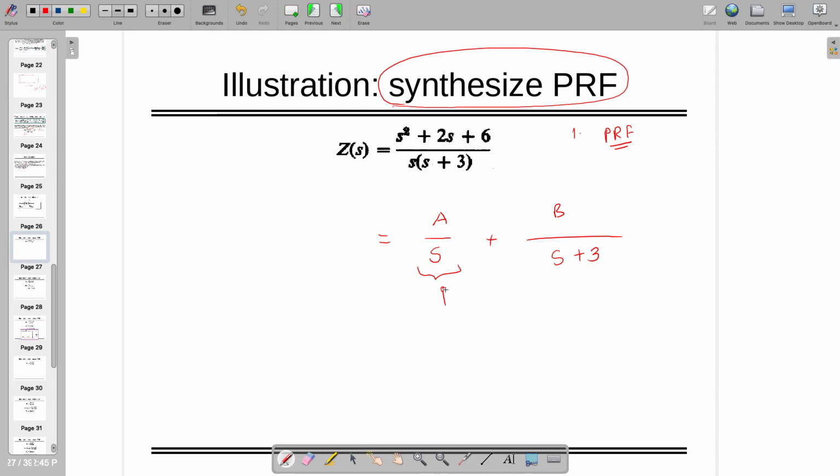I don't know. Yeah. So what is A? A is 2. B is s. So you can check that. 2s plus 3.